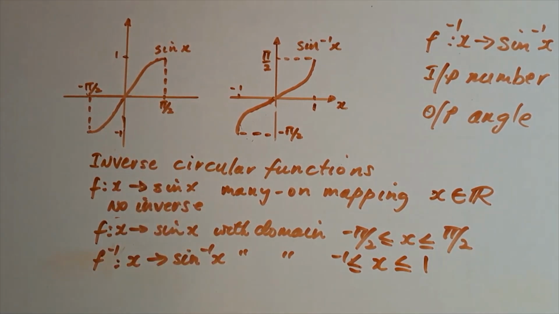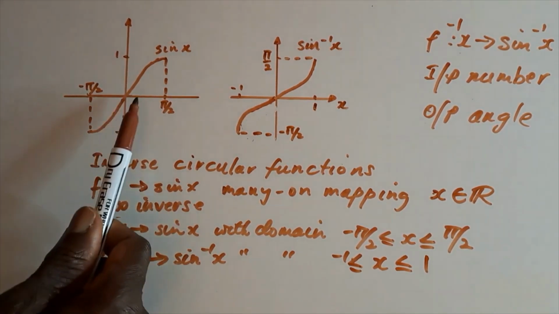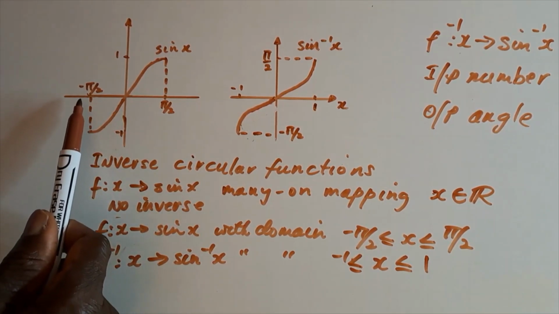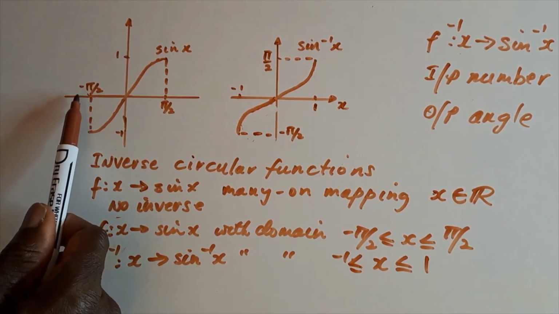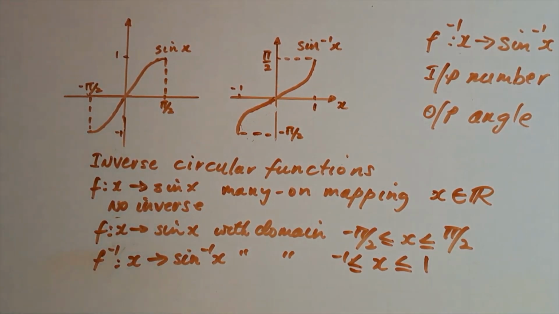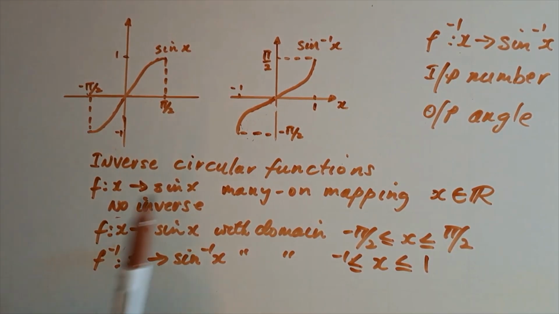As we can see above here in the graph, we've chosen to restrict our domains between -π/2 to π/2, and in this case we have a function, we have a unique mapping of the independent variable to a dependent variable, and in the inverse, the dependent variable to the independent variable.